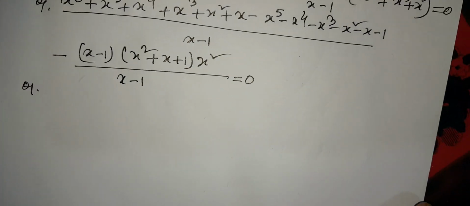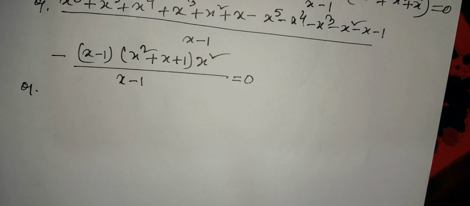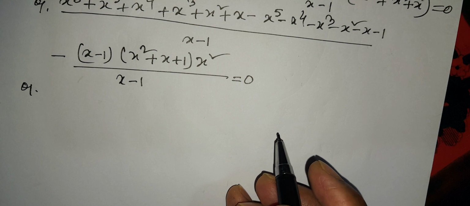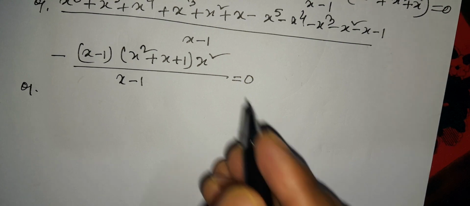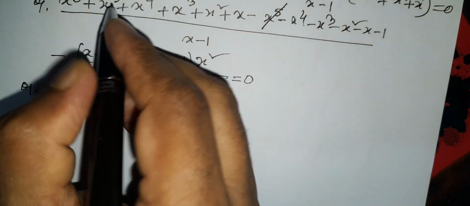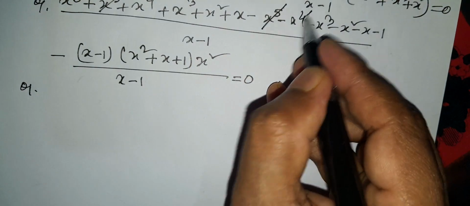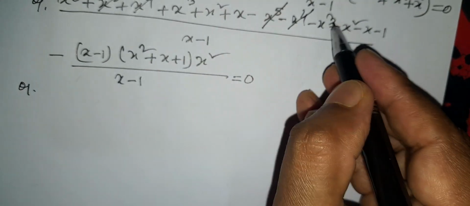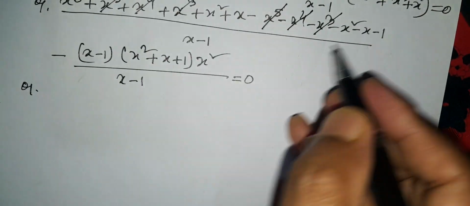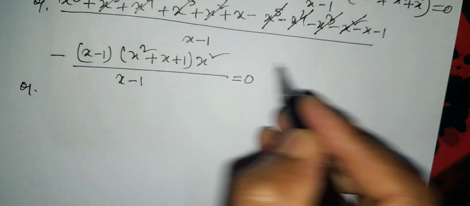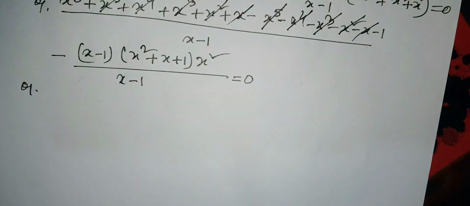Okay, and next we can write here x to the power 5, x to the power 5, x to the power 4, x to the power 4, x cube and x cube, x square, minus x and plus x.